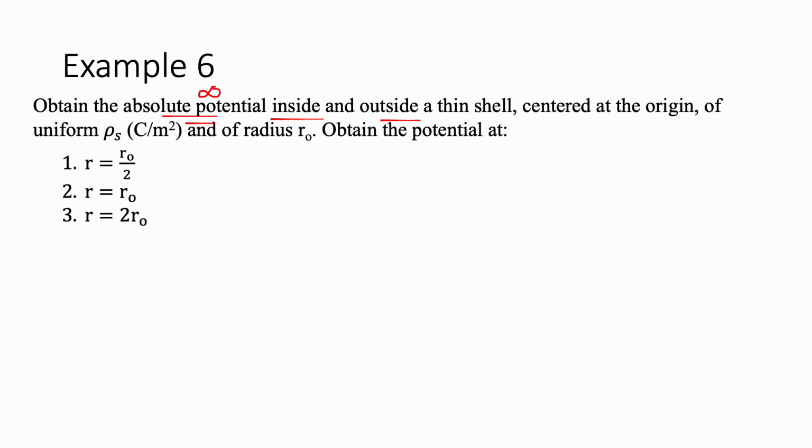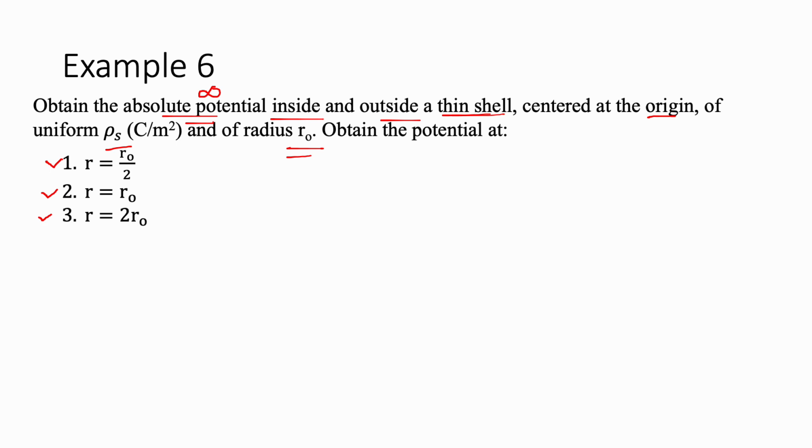The shell is centered at the origin, of uniform rho s and of radius r naught, and we need to obtain the potential at r equal to r naught divided by 2. Second condition, r is equal to r naught, and the third condition, r equal to 2 r naught.